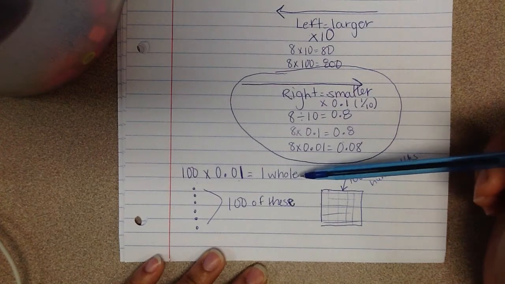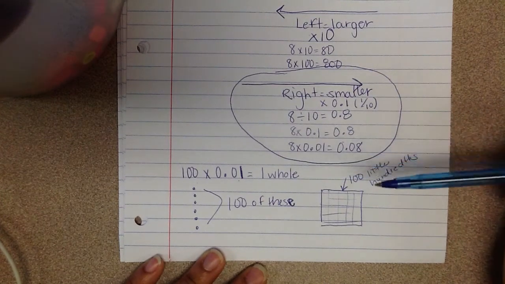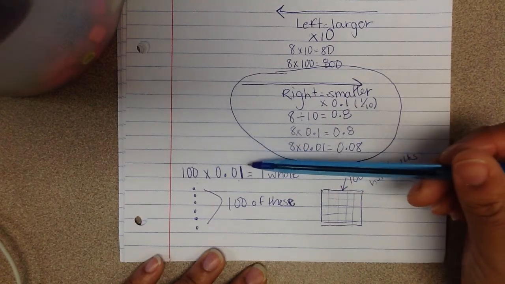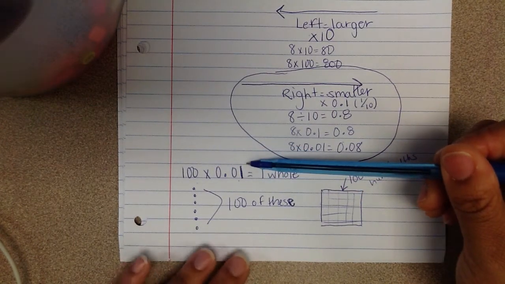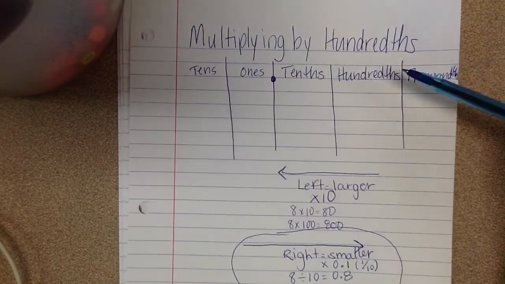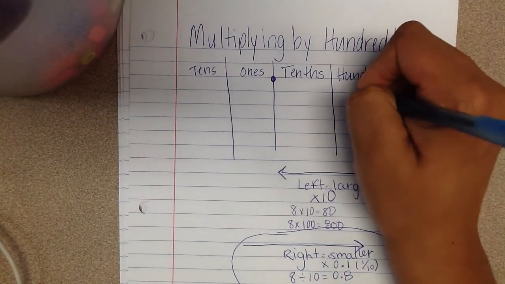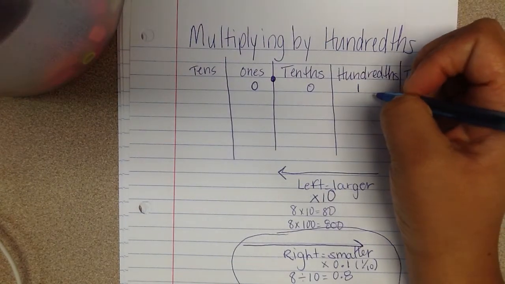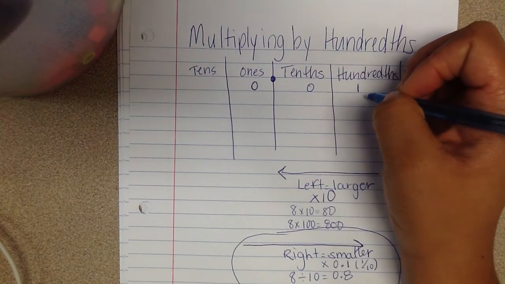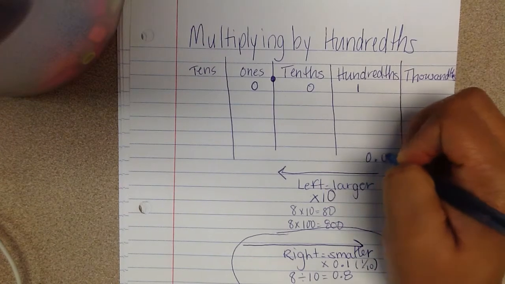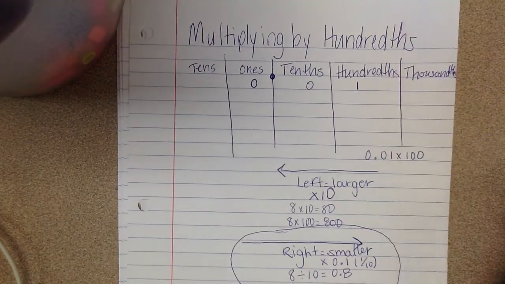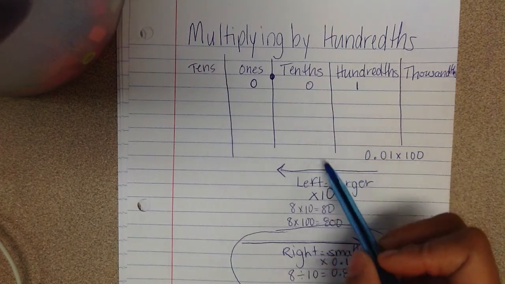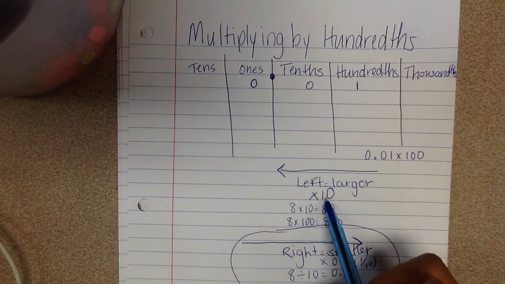All right, so 1 whole is the same thing as 100 100ths. Okay, if we look back at our place value chart, if I have 100th here and I multiply it by 100, that essentially means I'm moving to the left because I'm multiplying by a power of 10.